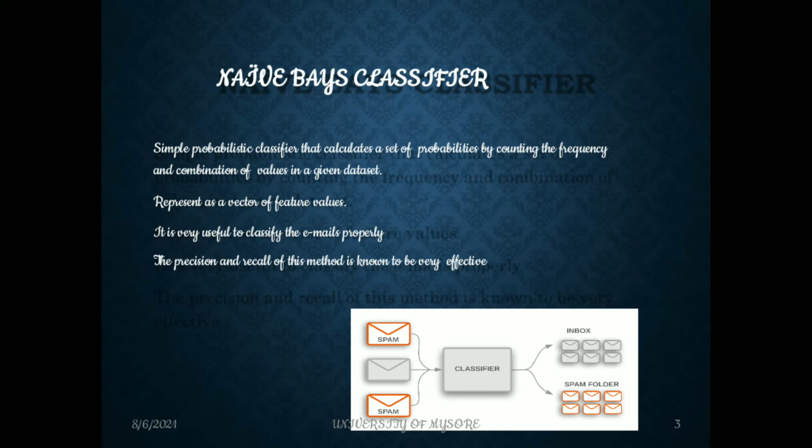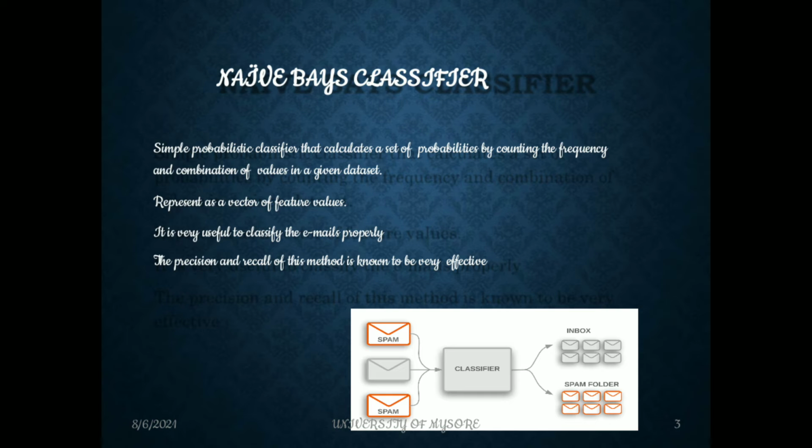Naive Bayes classifier. It's a simple probabilistic classifier that calculates a set of probabilities by counting the frequency and combination of values in a given data set, represented as a vector of feature values. It is very useful to classify the emails properly.